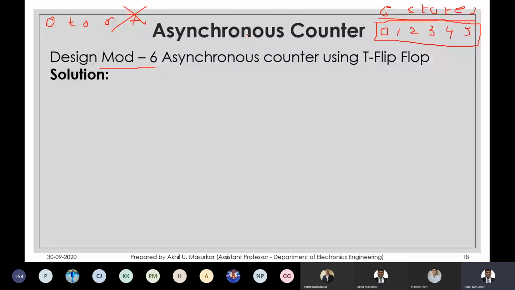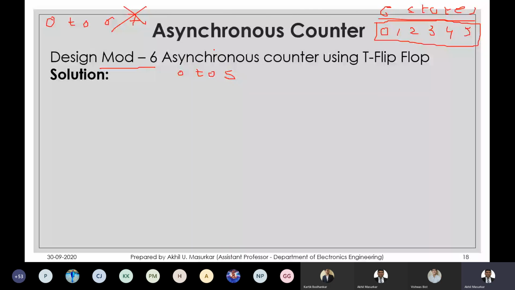So that is going to be 0 to 12. So 0 to 12 means 0, 1, 2, 3, 4, 5, 6, 7, 8, 9, 10, 11 and 12. Correct, Asmita. So it will count 13 states. So if it is a mod 6 counter, it will count from 0 to 5. If it's a mod 10 counter, it should count from which state to which state?